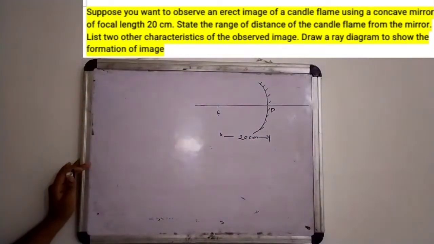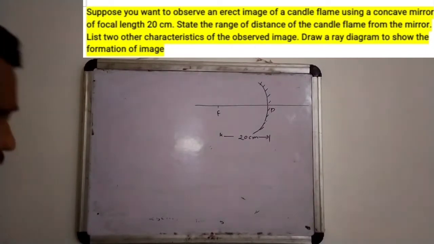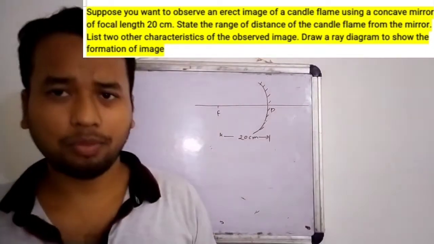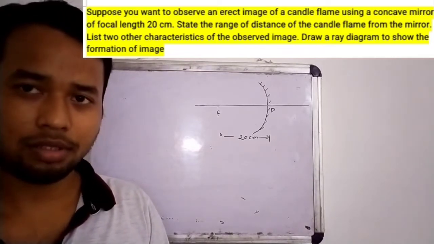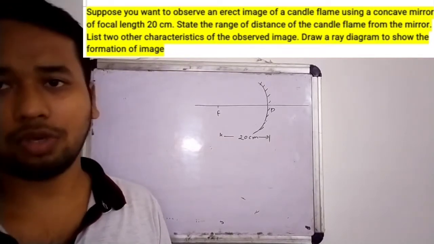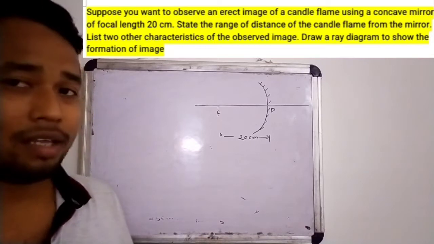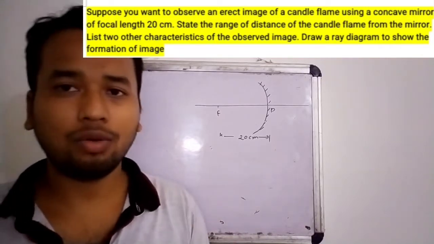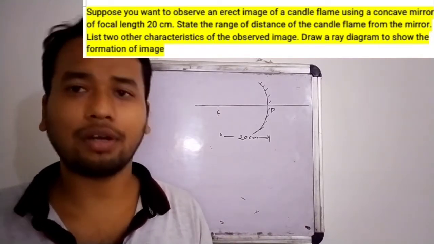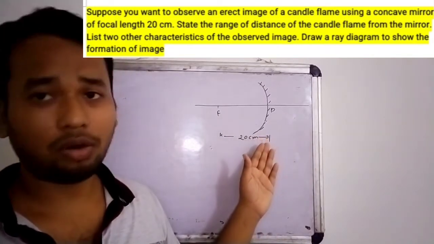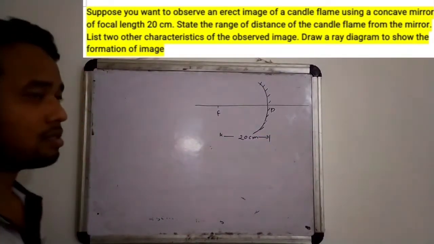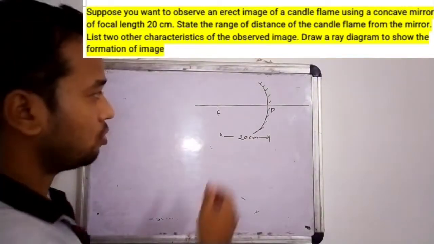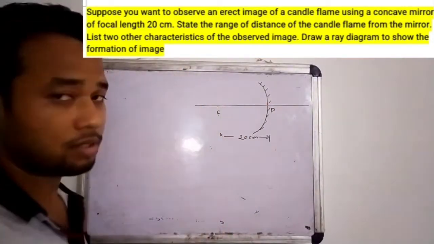Okay, now if using a concave mirror we need to form an erect image. Erect means virtual image. So there is only one condition in which we can form an erect and virtual image in a concave mirror, and that condition is we have to place the object in between pole and focus.